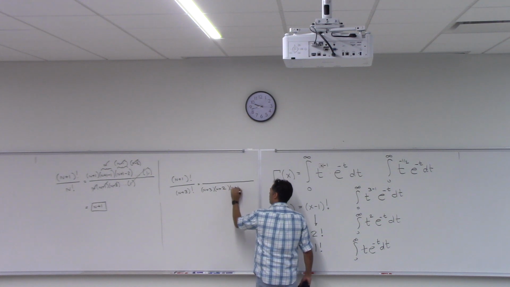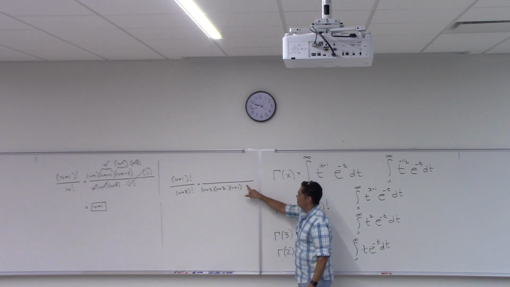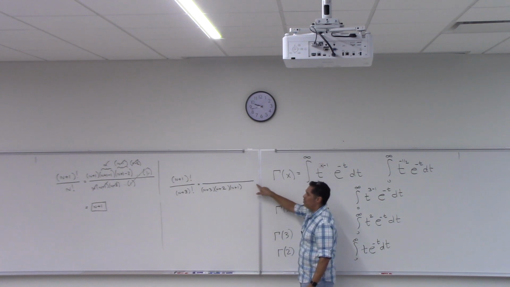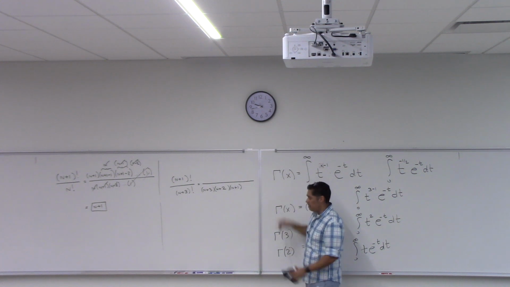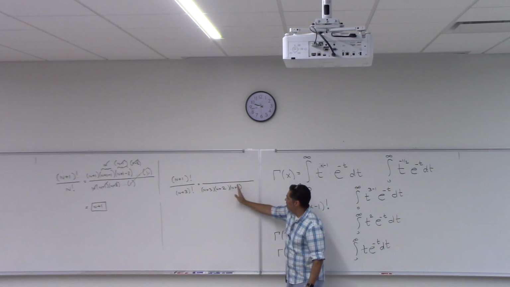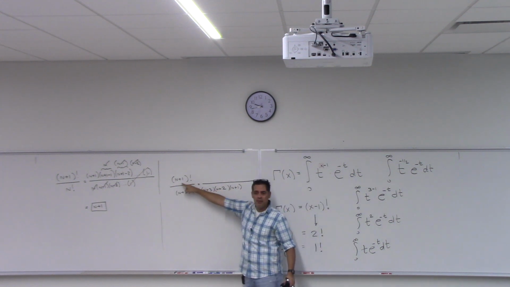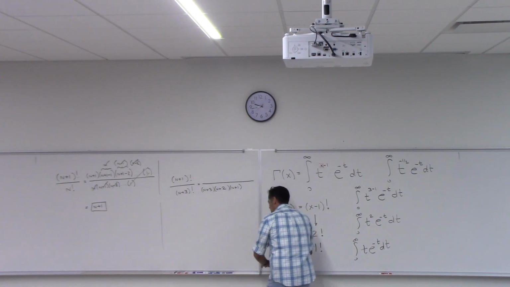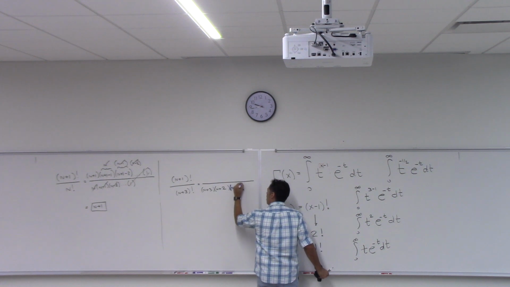Now watch this right here. N plus 1, what's going to be next? N plus 1, then n minus 1, then n minus 2, all the way until I get down to 1. But notice the n plus 1 and everything that comes next, isn't that the numerator? So I'm going to stop right here, and I'm going to put in different colors so you can really see it. This n plus 1, instead of writing it all out again, I'm going to put the factorial right behind it.